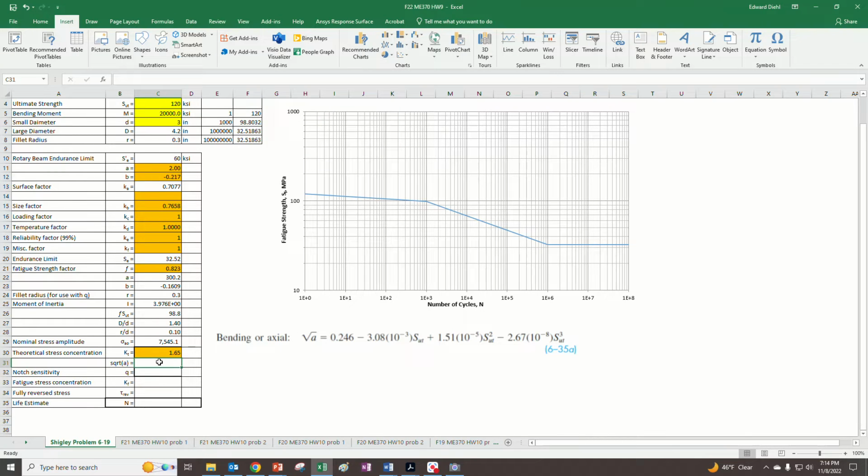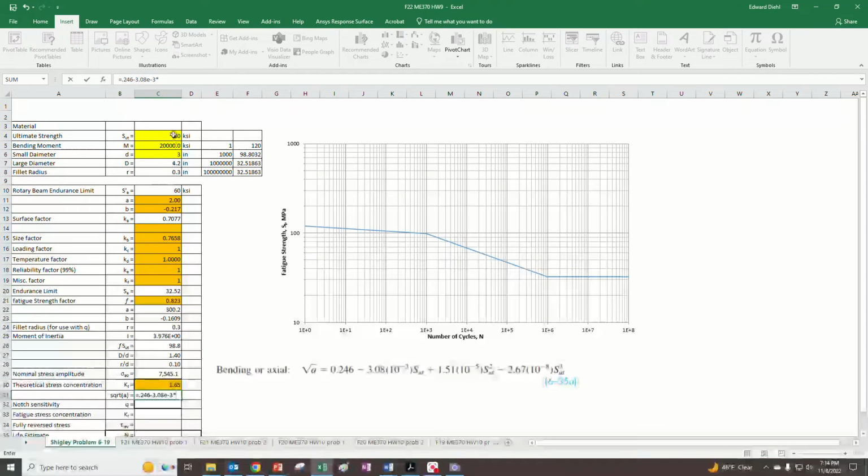So there you go, equals 0.246 minus 3.08 e minus 3 times that, and then plus 1.51 e minus 5 times this squared, and then minus 2.67 e minus 8 times this cubed.